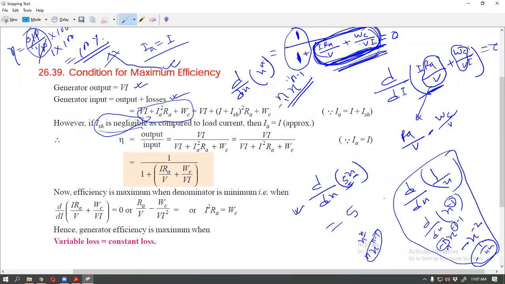So 1 into W C is W C. And this other part is equal to 0. All are clear?